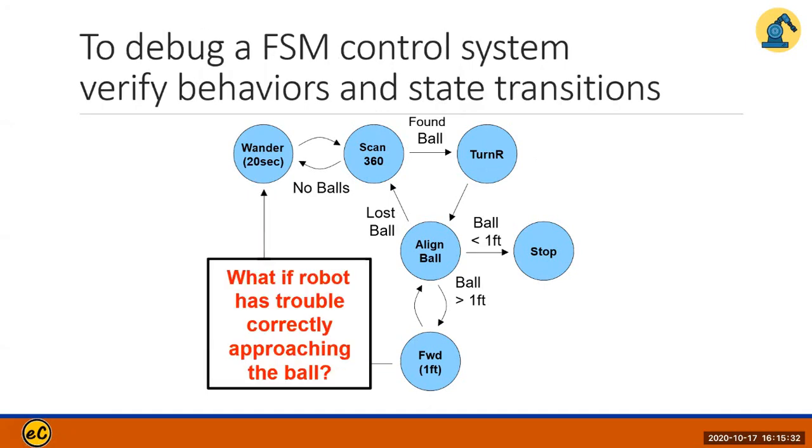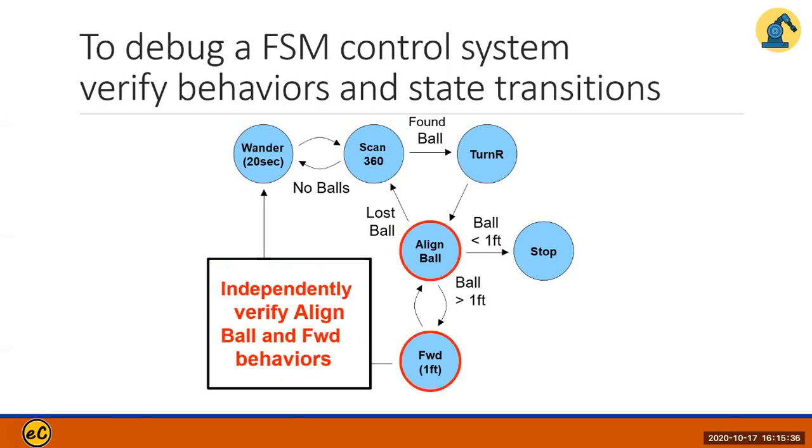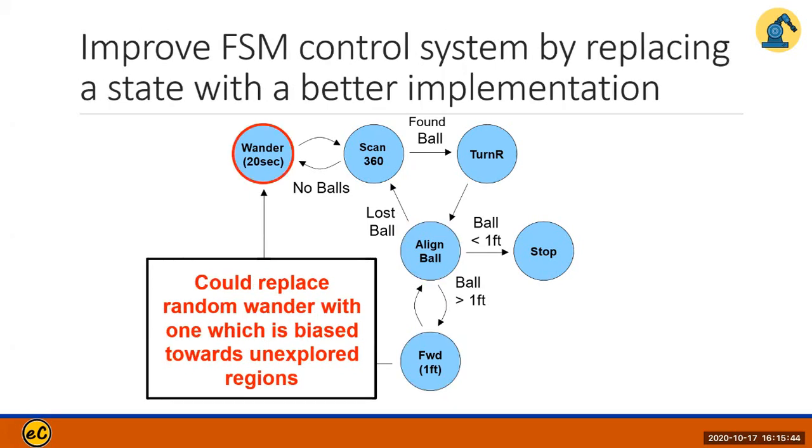So what if the robot had trouble correctly approaching the ball? Then we'll need to independently verify align ball and forward behaviors. We can replace random wander with one which is biased toward the unexplored region. So basically wander is a calculation of where you should go. It's a planning stage, and you can use a random number to replace it.